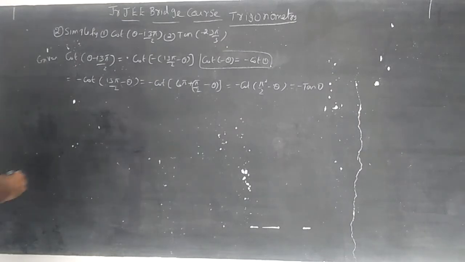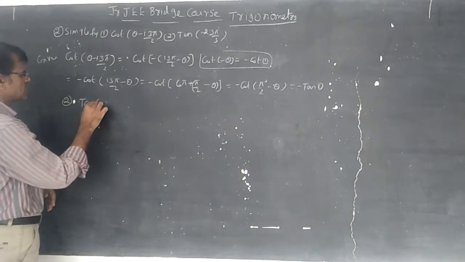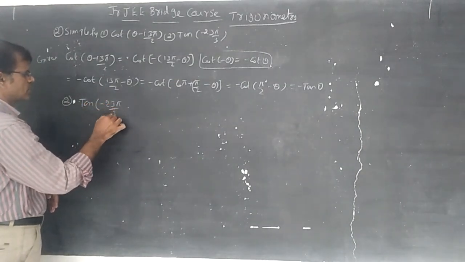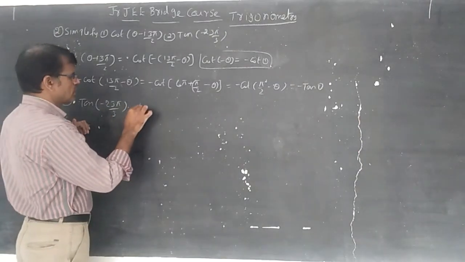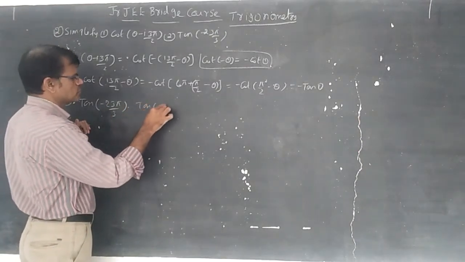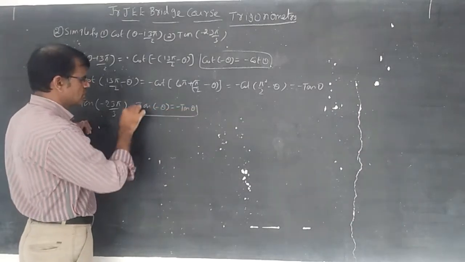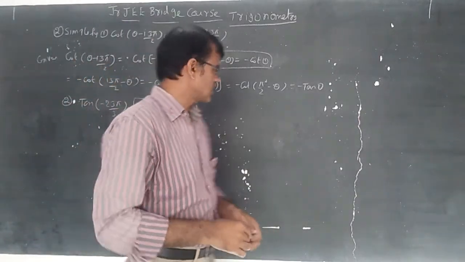Next one, second question. Tan of minus 23 pi by 3. The unknown value can be converted from a known value. Tan of minus theta is equal to minus tan theta.